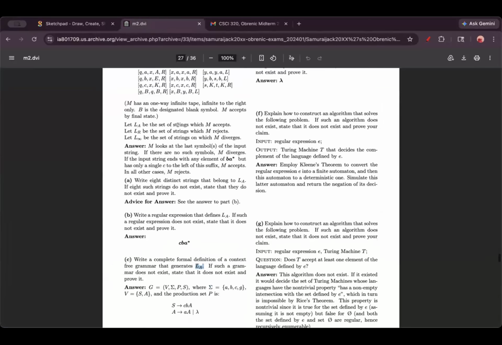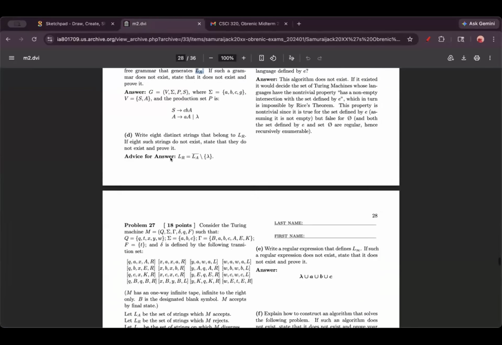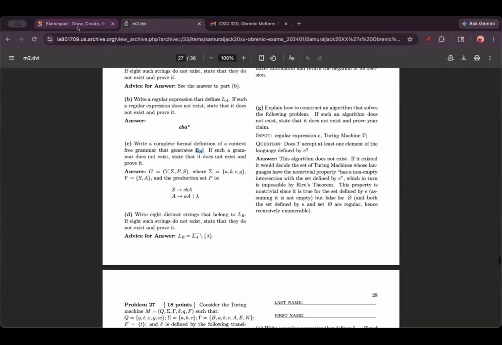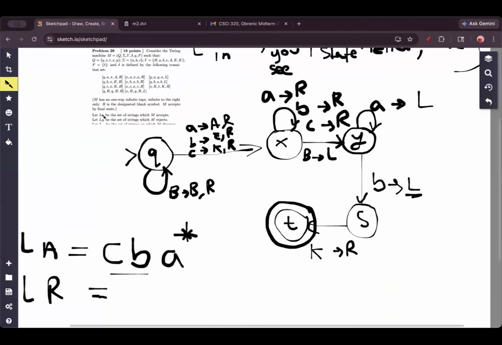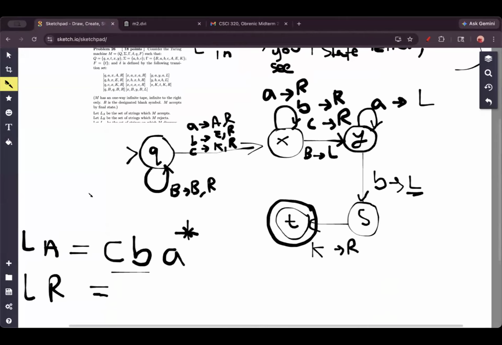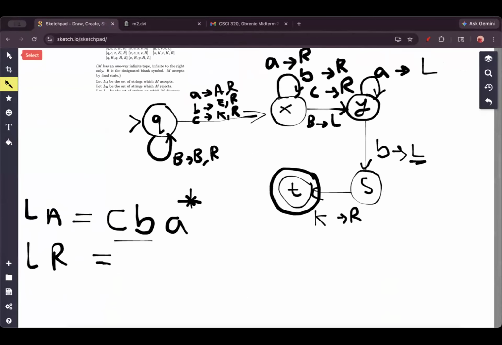It's not asking for a regular expression for where it rejects. So I think there's usually not much with LR, but they ask for where L accepts and where L diverges, so I'll do diverges instead.